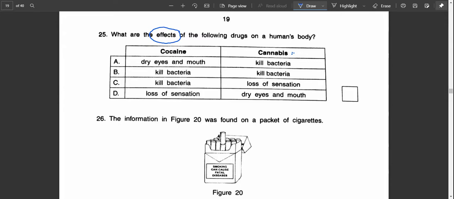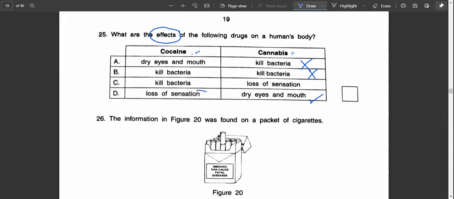Cannabis will not kill bacteria, so A and B are out, and it can cause slight loss of sensation, but it's not the most correct one. Any user who uses cannabis will have dry eyes and mouth. And cocaine used to be a painkiller, but people are misusing it, that's why it became harmful.